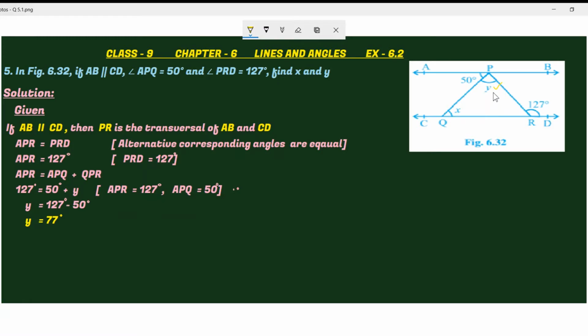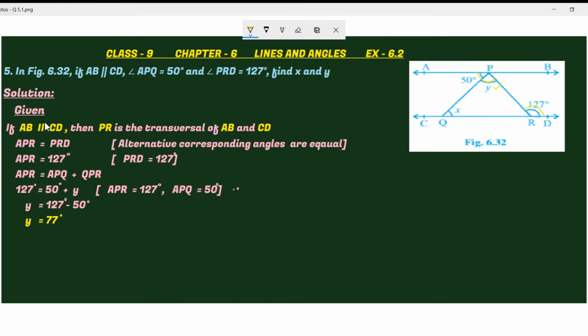To find Y, see, in the figure they have given AB and CD are two parallel lines. So, I can take PR as a transversal line of AB and CD. We know that these two angles are alternate interior angles, and alternate interior angles are equal.